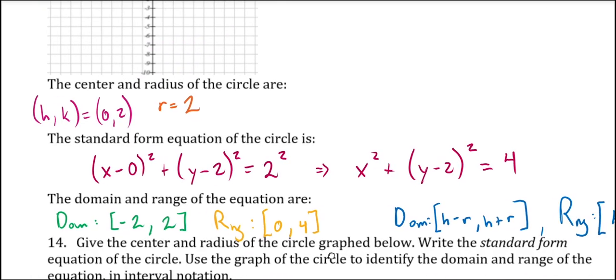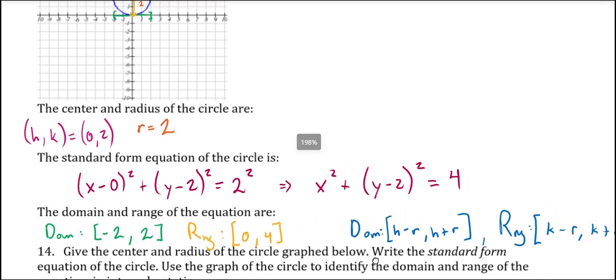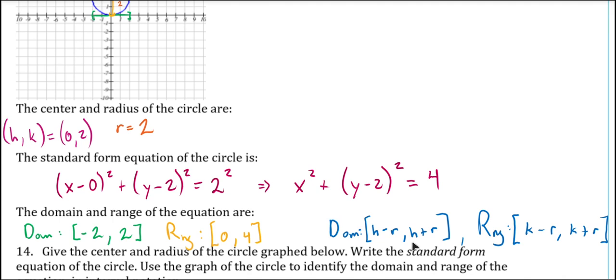But there is a formula we could use to talk about the domain and range. We should notice that we can be at most r from the center. And one of the ways I can get r away from the center is by starting at the center and going to the right by r, which would give us this endpoint for the x values, or going to the left by r, which would give us this endpoint for the x values.